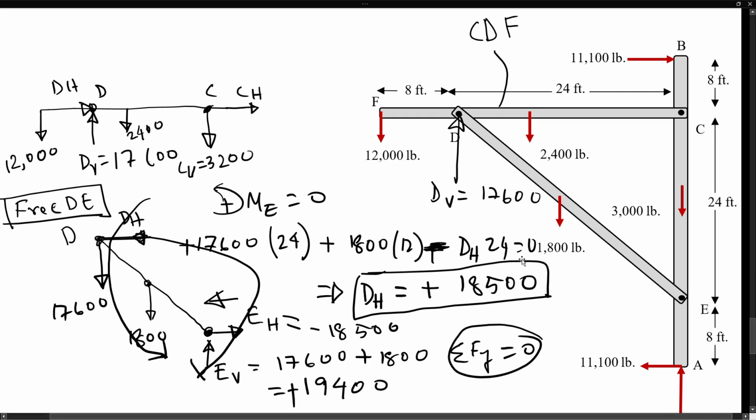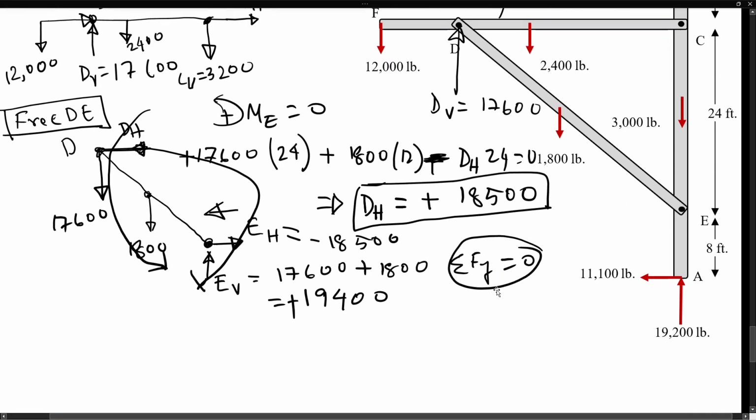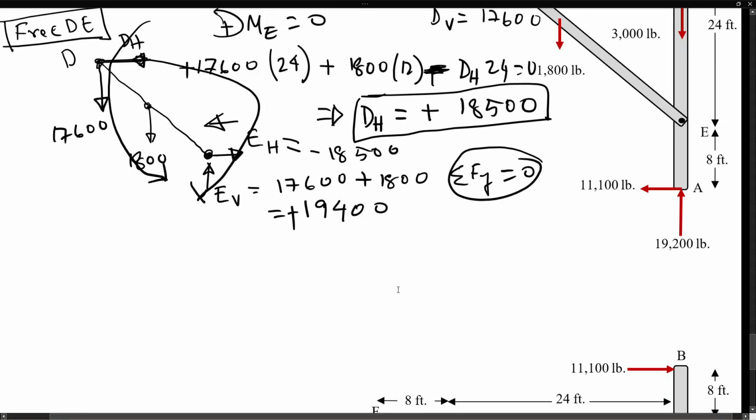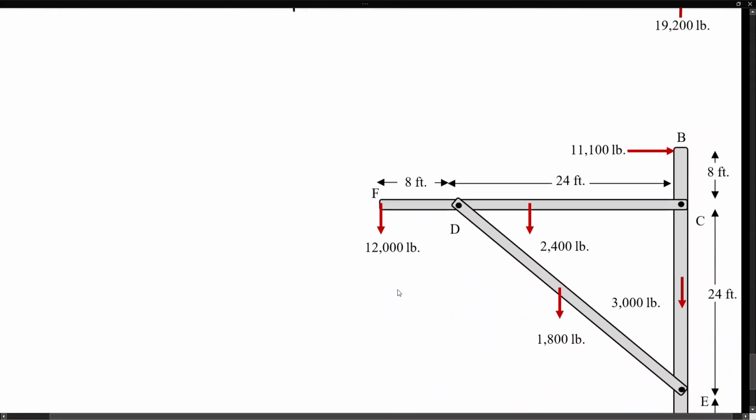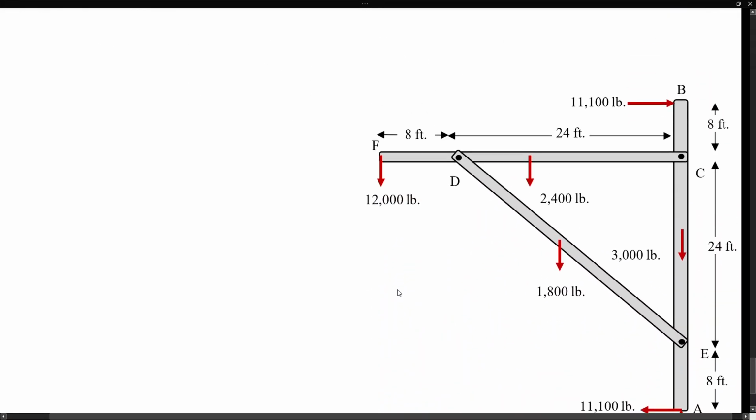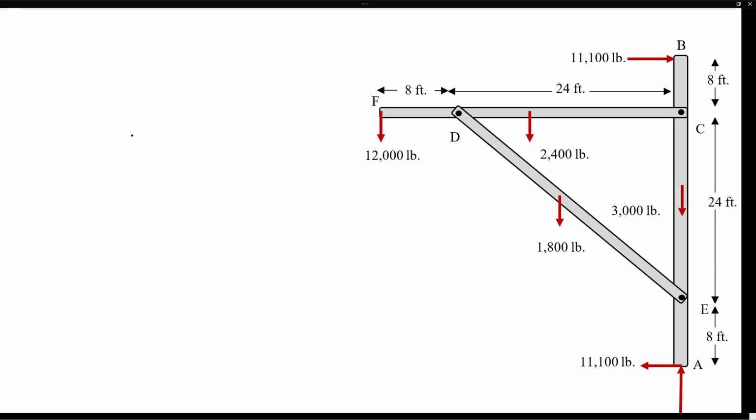Now next, what I would like to do is to redraw that DE member with the correct signs of the forces. So our assumed direction was wrong for one of them, it was negative. So let's redraw the DE member. So we're gonna do it right here. I'm gonna redraw that DE member.